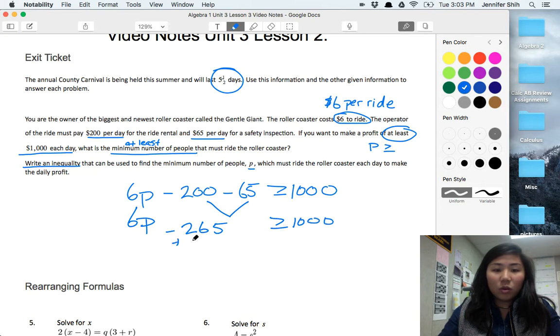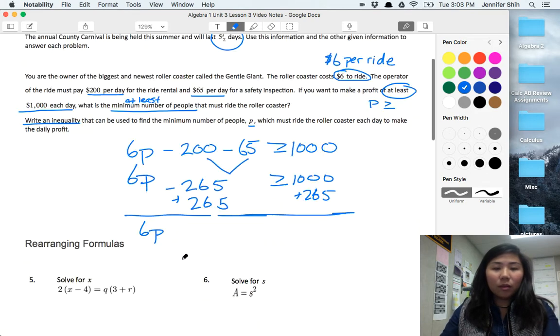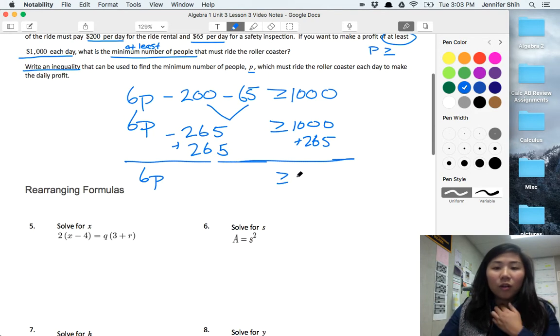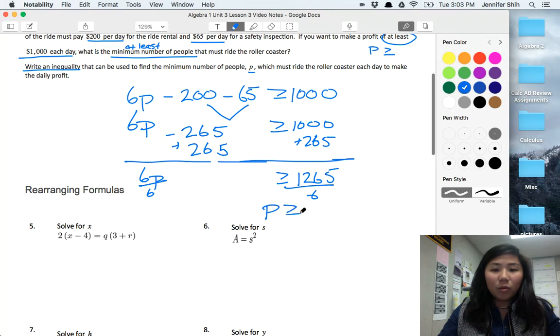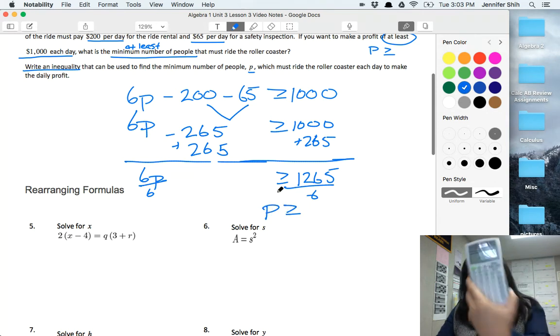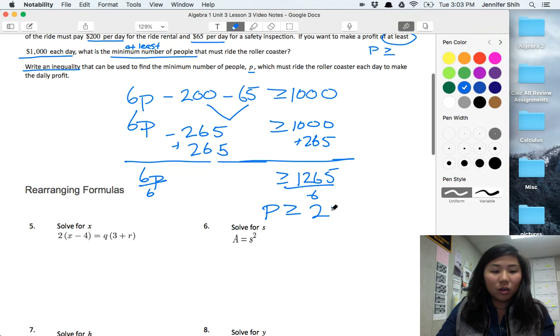And then I'm going to isolate my variable for p by adding 265 on both sides, drawing a big bar. 6p is going to be greater than or equal to 1,265. So if I divide both sides by 6, my number of people needs to be greater than or equal to, I did it in my calculator already, 210.83 people.